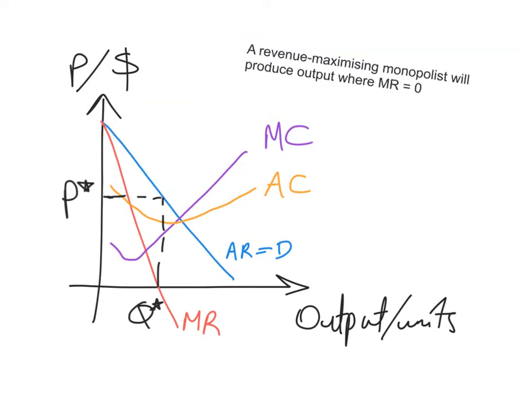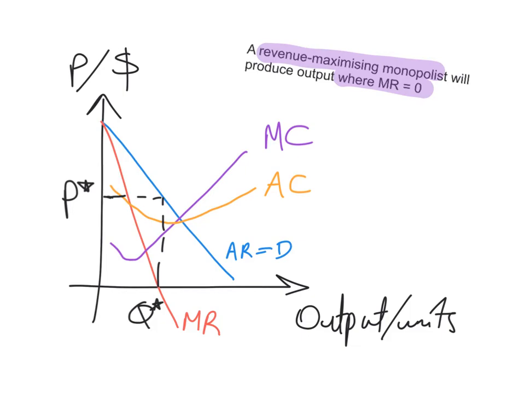Now, you can't say that all monopolists are profit maximizing. There are actually monopolists that are revenue maximizing. So instead of maximizing their profit, they seek to generate the highest level possible of sales. Remember, a revenue maximizing monopolist will produce a level of output where marginal revenue equals 0. So their pricing and output decisions will be slightly different.